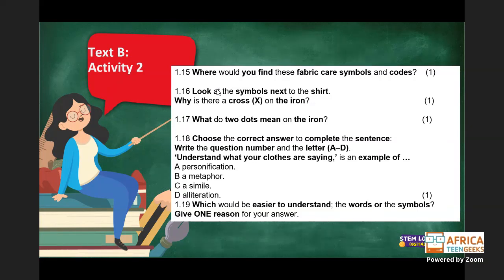Where would you find these fabric care symbols on clothes? Do share. Let's hear your answers.